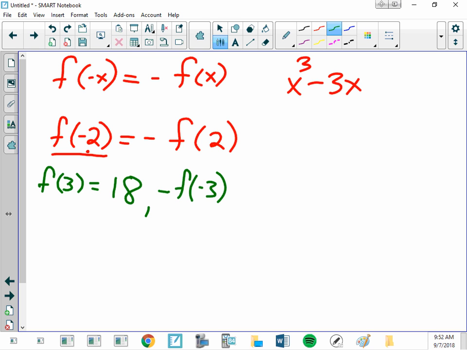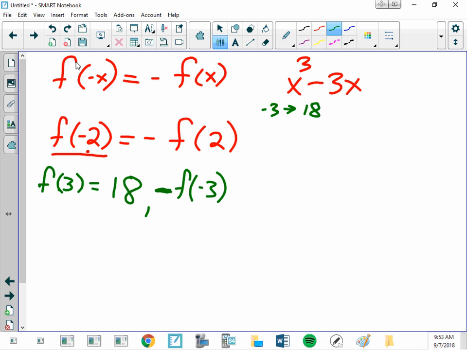So let's plug in negative 3. Negative 3 to the third is negative 27, thank you. So negative 27 plus 9 is negative 18. So if I plug in negative 3, I get out negative 18, and then this negative in front changes that to 18. So when I plug in 3, I will get the opposite number than when I plug in negative 3.